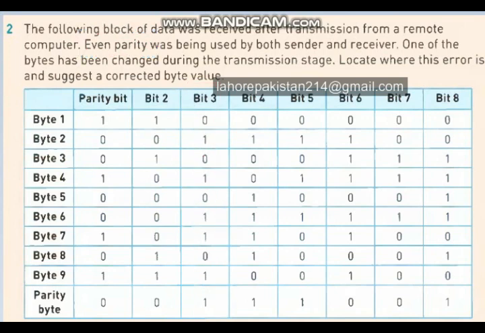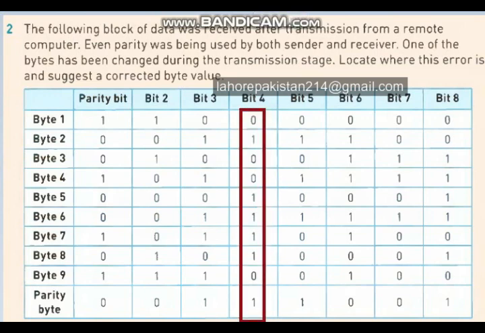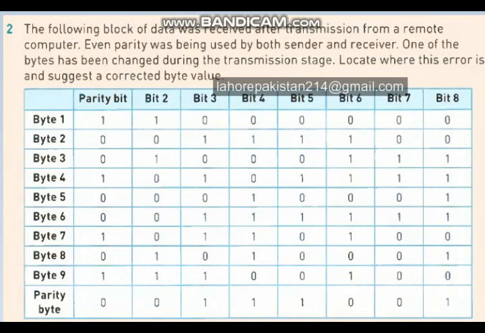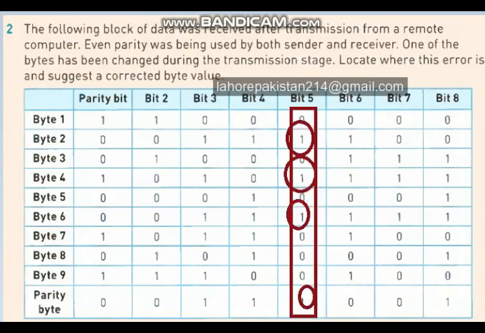Now column number 4, which is bit 4: 6 is an even number, so there is no mistake in column 4. Now bit 5, or column 5: 4 is an even number, and as you know an even parity was required, so bit 5 also does not have any mistake.